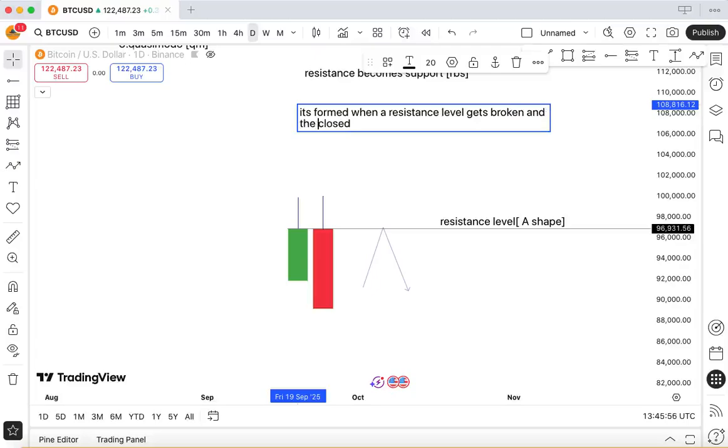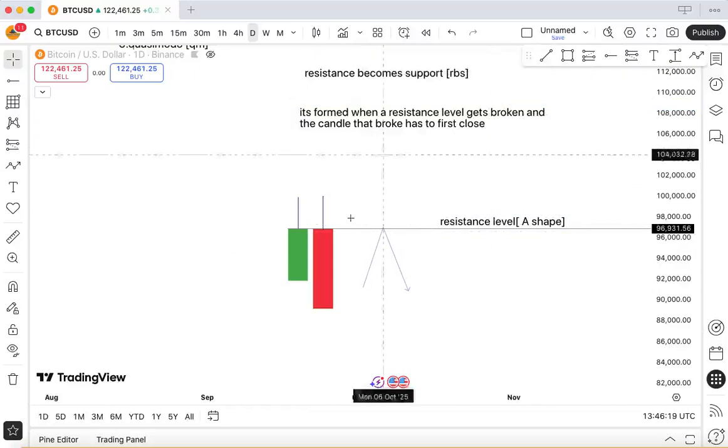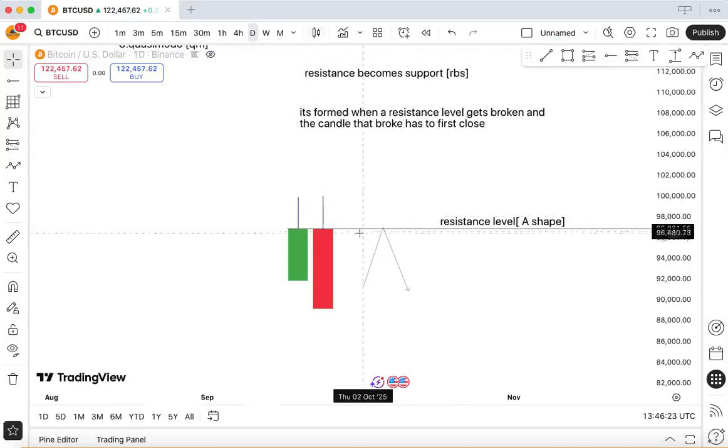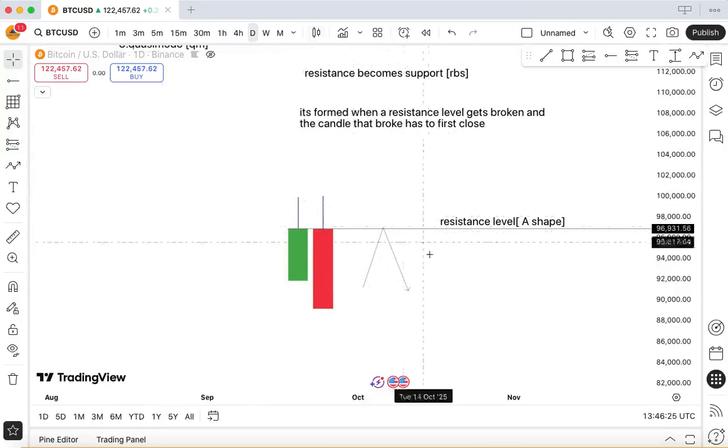And the candle that broke it has to first close. So if you don't see it closing and now you are telling me you are having your RBS level, bro, you have a problem. You have a problem.